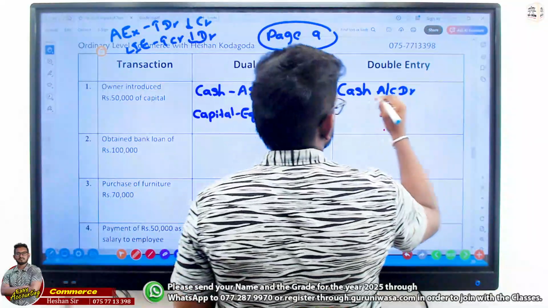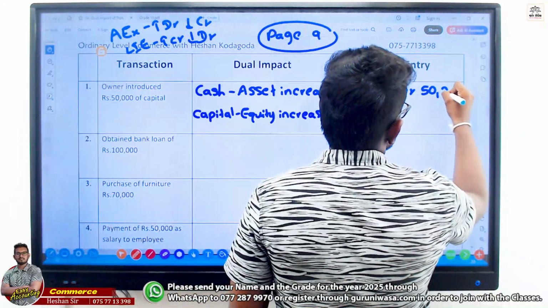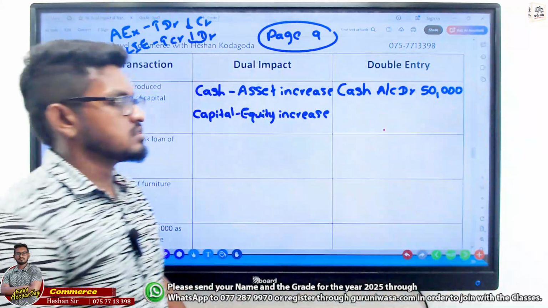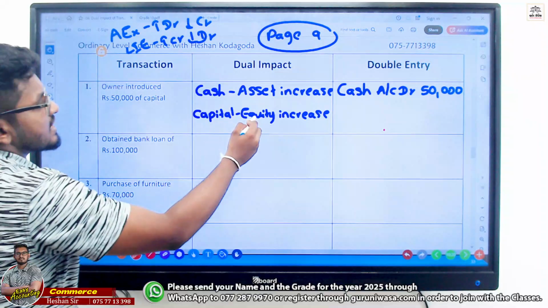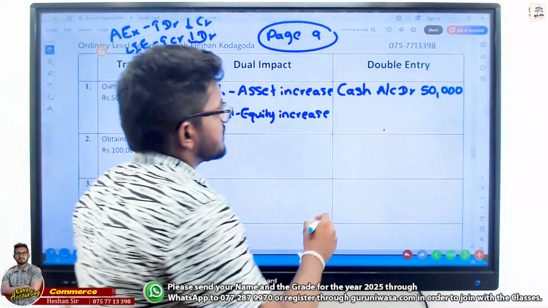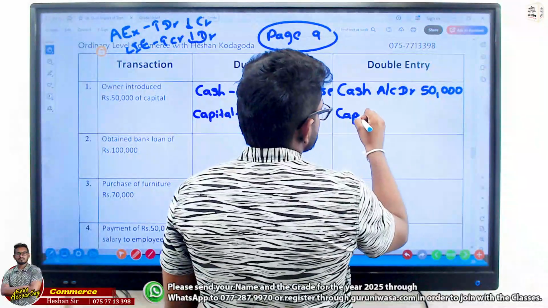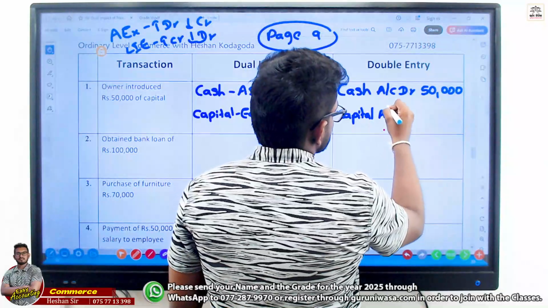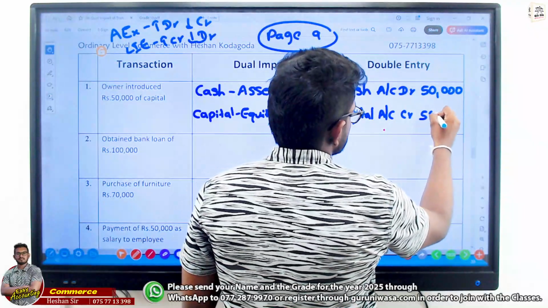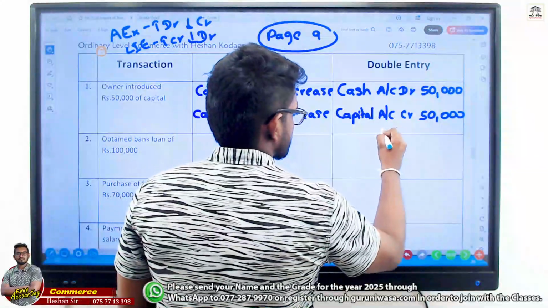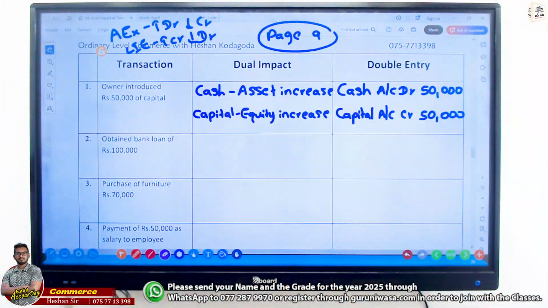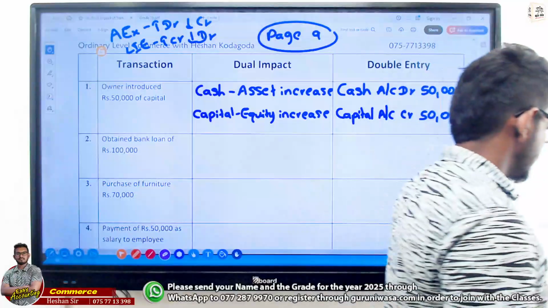How much? 50,000. Capital account, capital is an equity. When equity increase, it's credit. So capital account credit 50,000. Right? Capital account credit 50,000 in page number 9. All good?